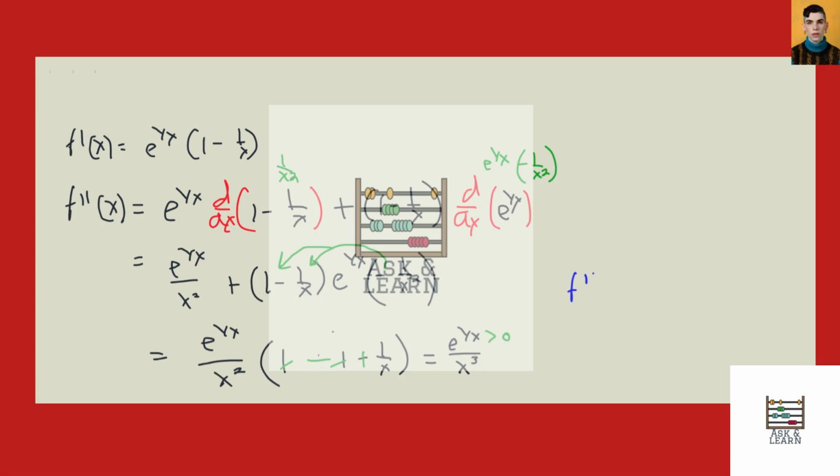So we get that f is concave up on 0 to infinity, and remember, this is when f double prime is strictly larger than 0. And the function is concave down on negative infinity to 0, which is when f double prime is strictly less than 0.